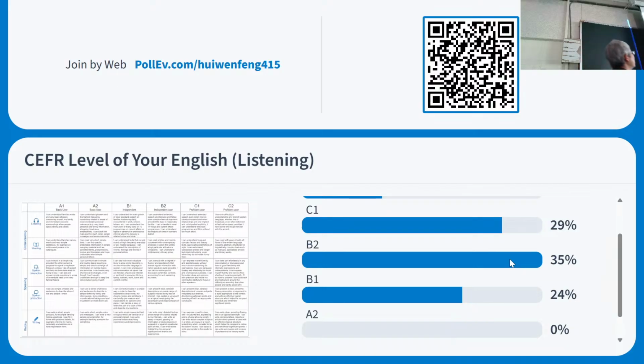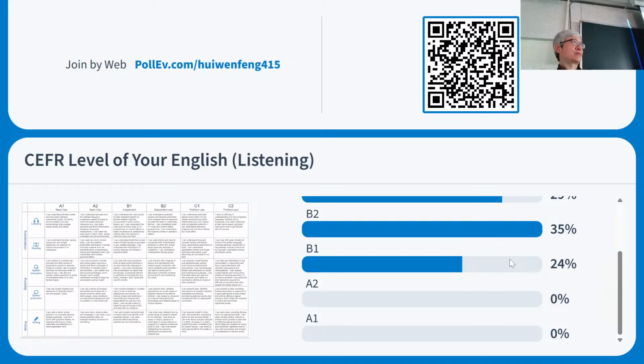Yeah, approximately 4 or 3 students at your B1 level. Of course, you can use 19, multiply by the percentage, and then you have the number of people at B1, B2, C1, and C2. At least good, not A1 and A2, right?